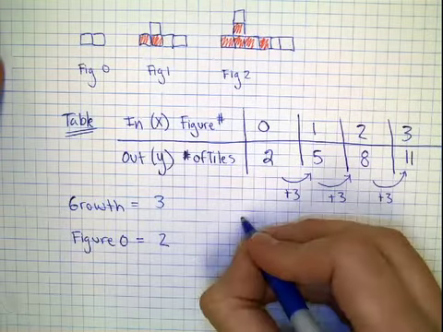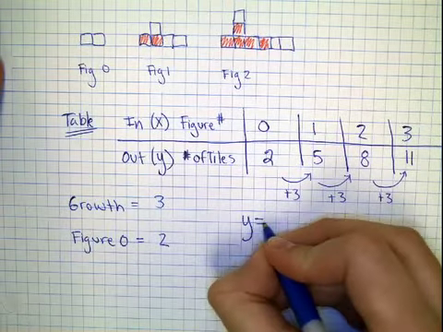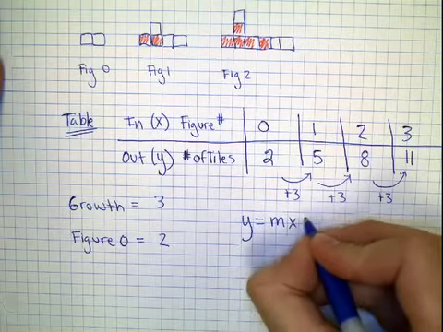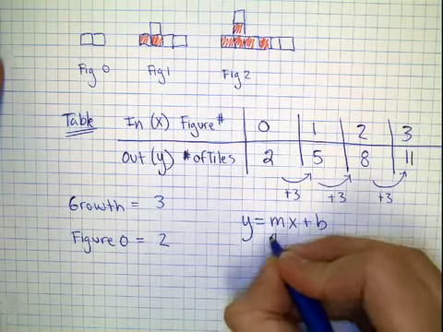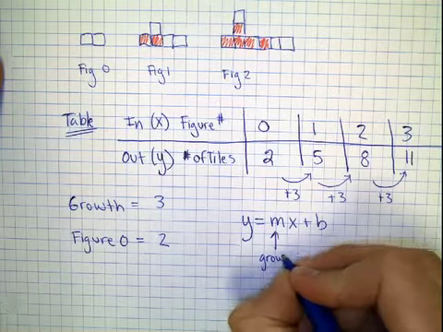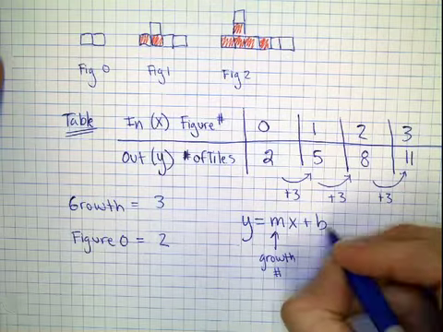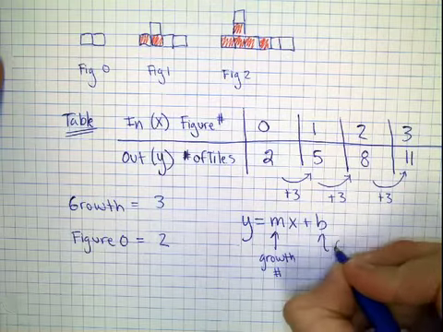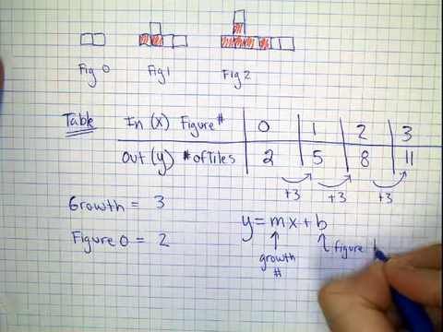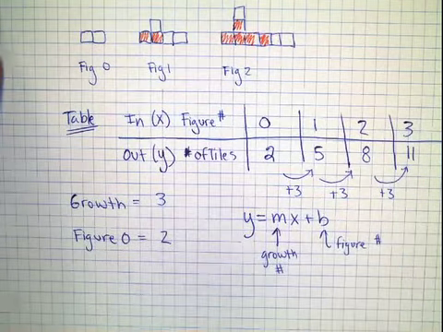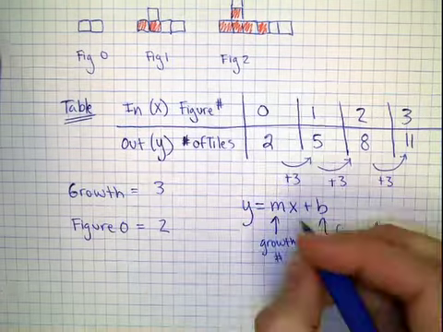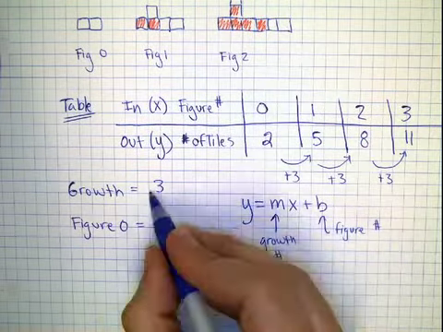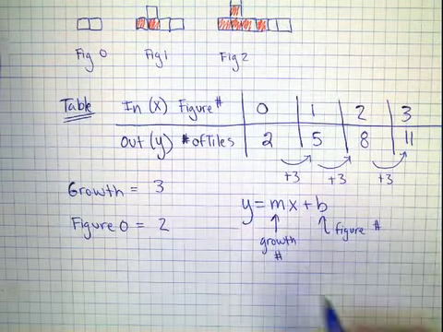All rules for these patterns, since they're in a straight line, are y equals mx plus b. M stands for the growth. It's a number. And b stands for figure 0. It's also a number. And we found out both these numbers. So when I say write a rule, I mean put 3 where the growth is and 2 where figure 0 is.